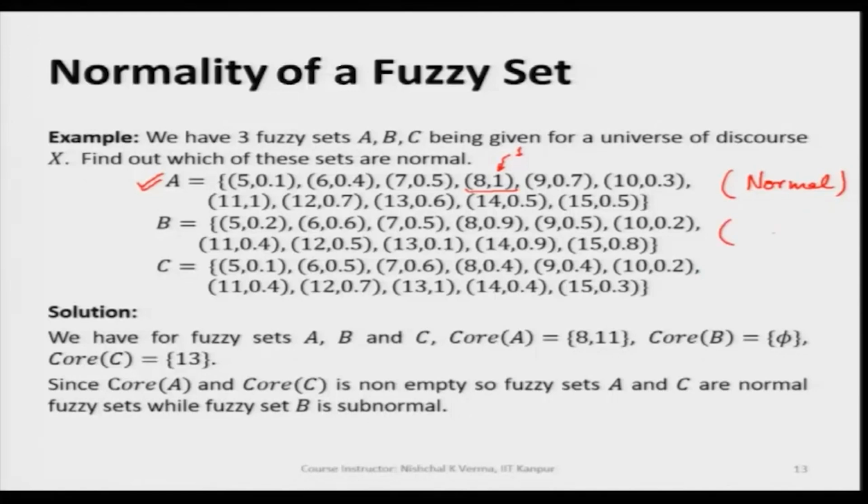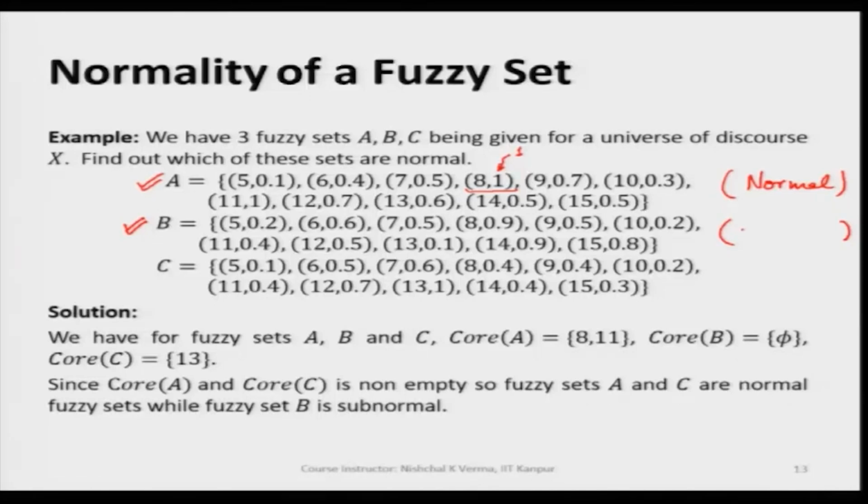Now, what about fuzzy set B? Let us check all the points here for fuzzy set B. In the B fuzzy set, we do not find any such generic variable value for which we get the membership value 1.